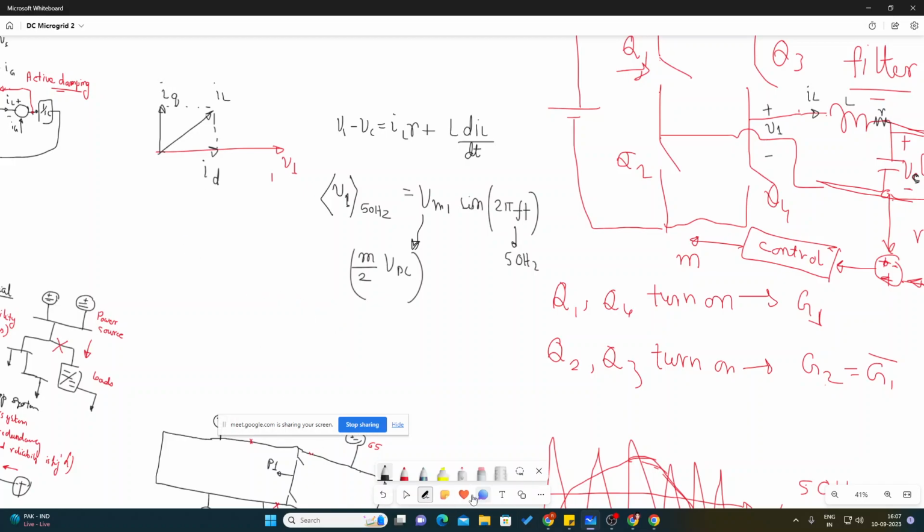Similarly, we can go for VC. Let's say VC is something like this. This is VC. So the direct component is VCD and the quadrature component will be VCQ.